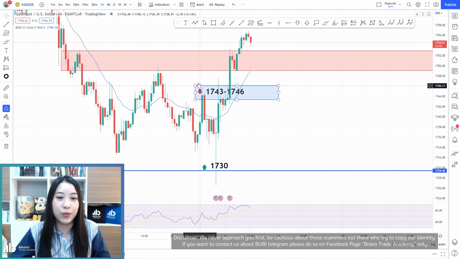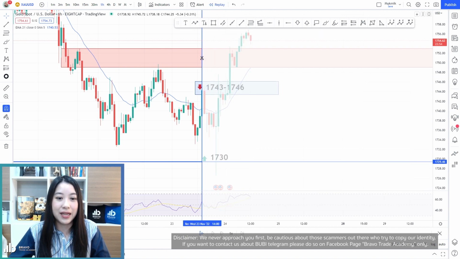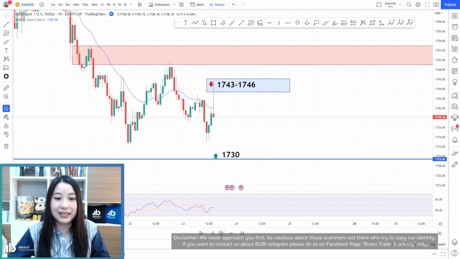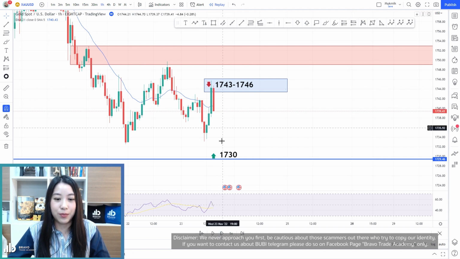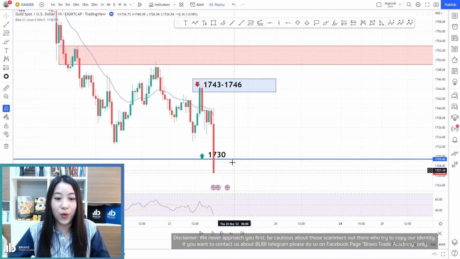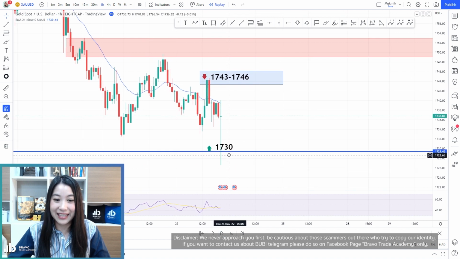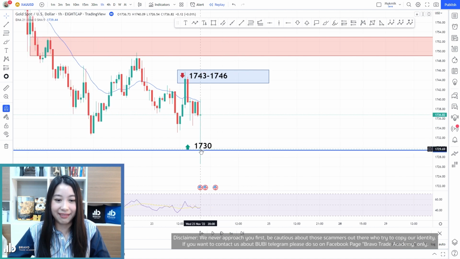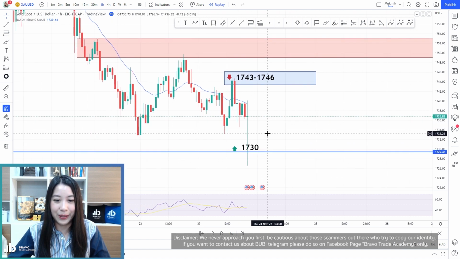And what happened was, okay, let me cut this, do the replay. So the price came up first, okay, matched our selling order, and what happened was that the price dropped down and test our supports, okay, at 1730, and look at that, look at this buying power.